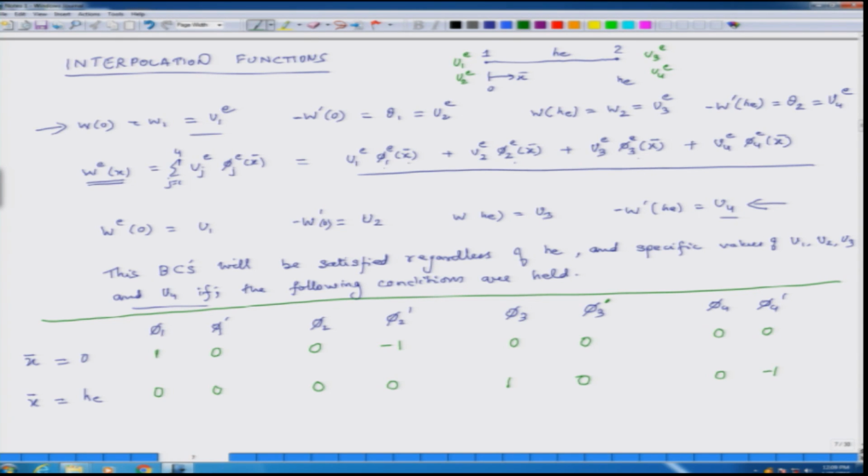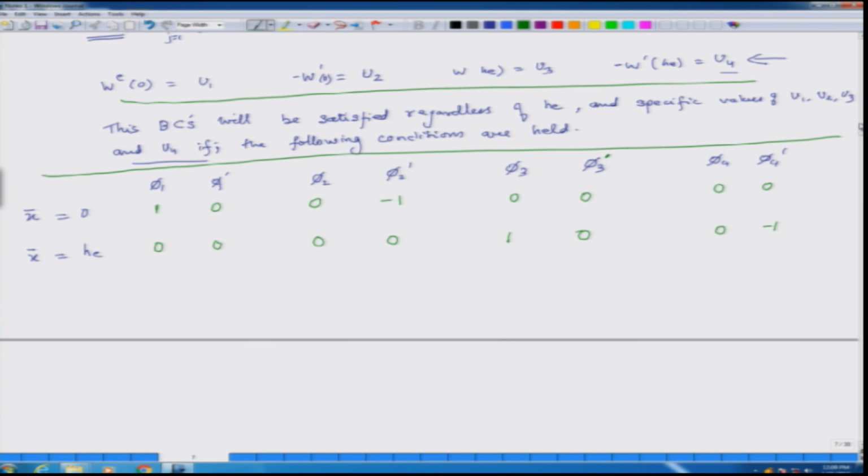So, if we can somehow enforce these conditions while choosing phi 1, phi 2, phi 3, then all these conditions will always be satisfied. Now we will develop 4 different functions, phi 1, phi 2, phi 3 and phi 4.